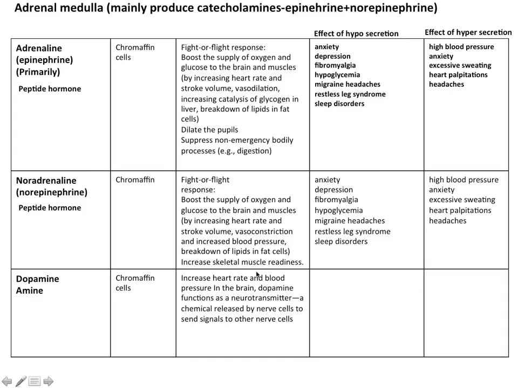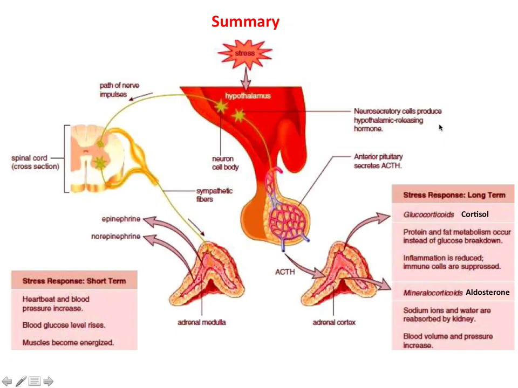So here I have summarized all hormones of adrenal medulla, that are epinephrine, norepinephrine, and dopamine. As I already discussed their function and their effect of hyposecretion and hypersecretion. Finally, I have summarized in this figure all the hormones of the adrenal gland.